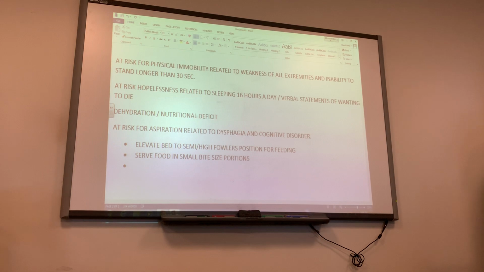What else? Okay, how about allow time for patient to chew and swallow food? How about this one? Because they have a risk for aspiration and they have dysphagia. How about this one?